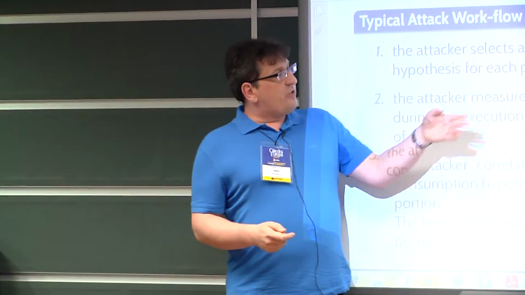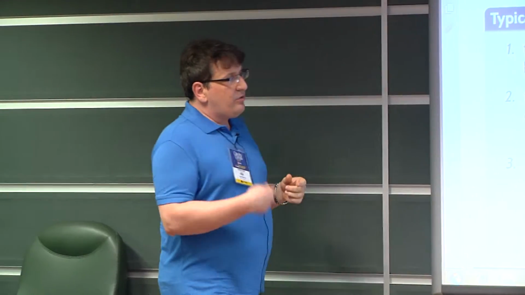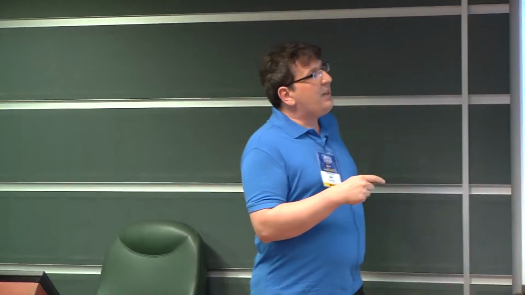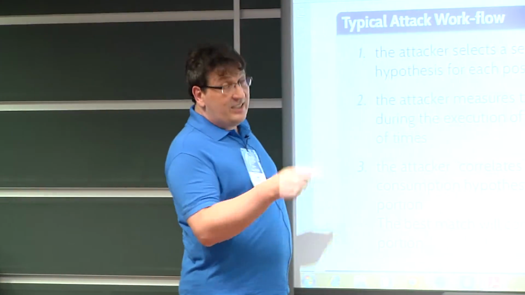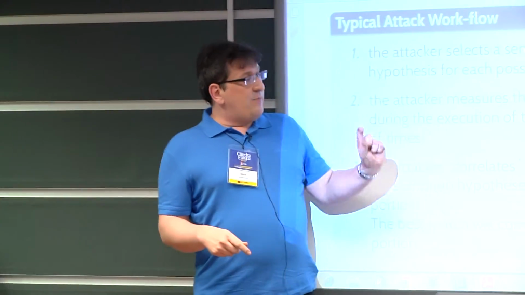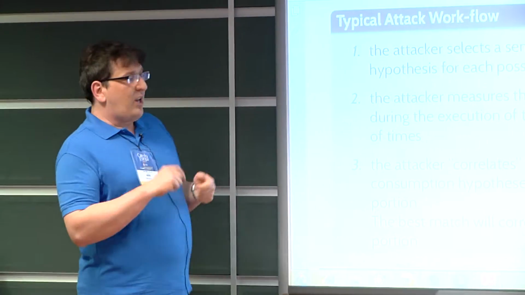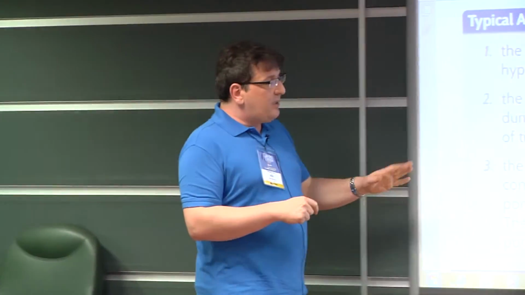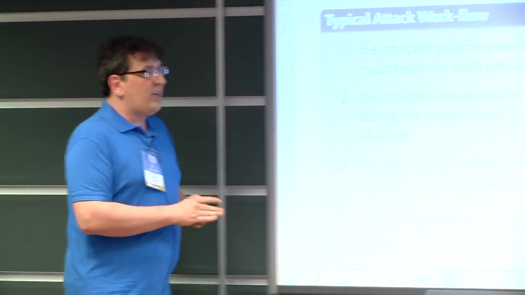The attacker measures the power consumption of the target device during the execution of the cipher, for a statistically significant number of times. The attacker correlates the measured power consumption with the consumption hypotheses formulated on the possible values of the key portion. The best match will correspond to the correct value of the secret key portion.